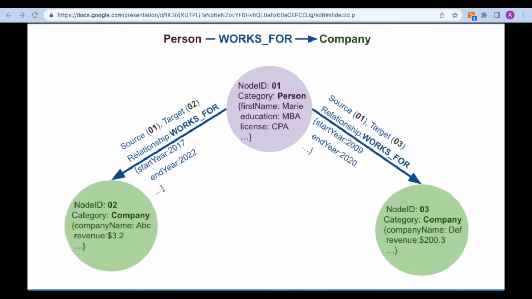And here we can see this one person has two companies that they've worked for, and that relationship works for has its own properties, which are the start year and the end year. And then we also have the companies, which also have their properties for the name and revenue that they've made.